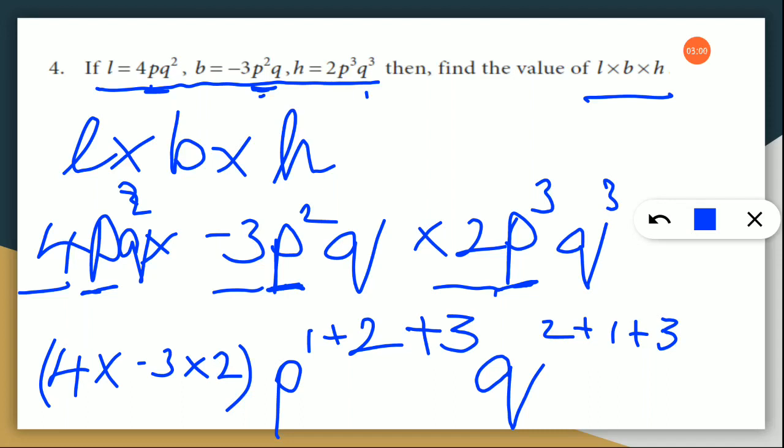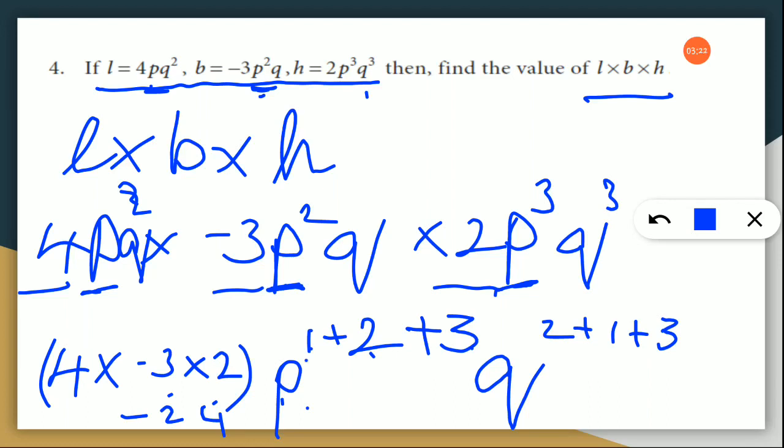Now 4 into minus 3 will give us minus 12. Minus 12 into 2 will give us minus 24, because two unlike signs are being multiplied. So the answer should be in minus. And then the value of p will become p power 1 plus 2 plus 3.